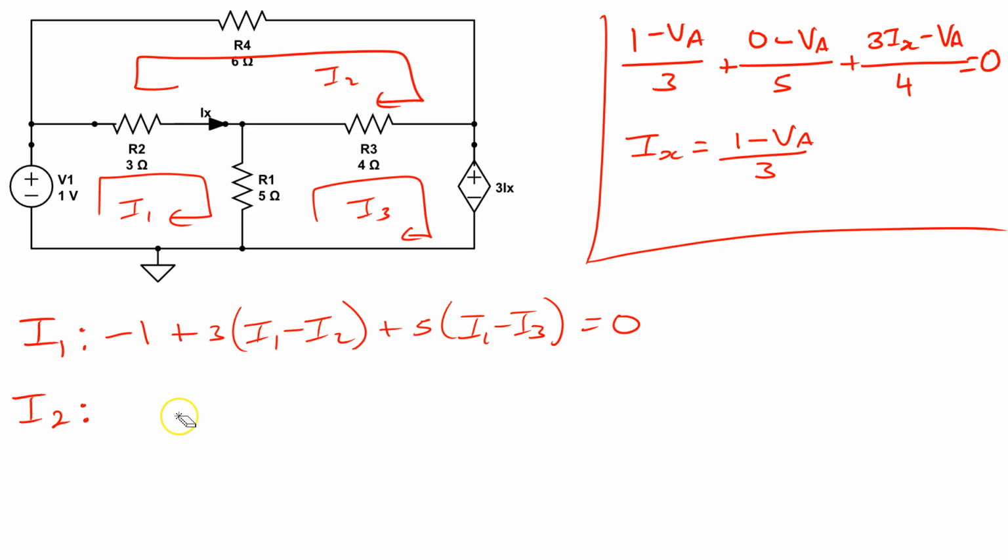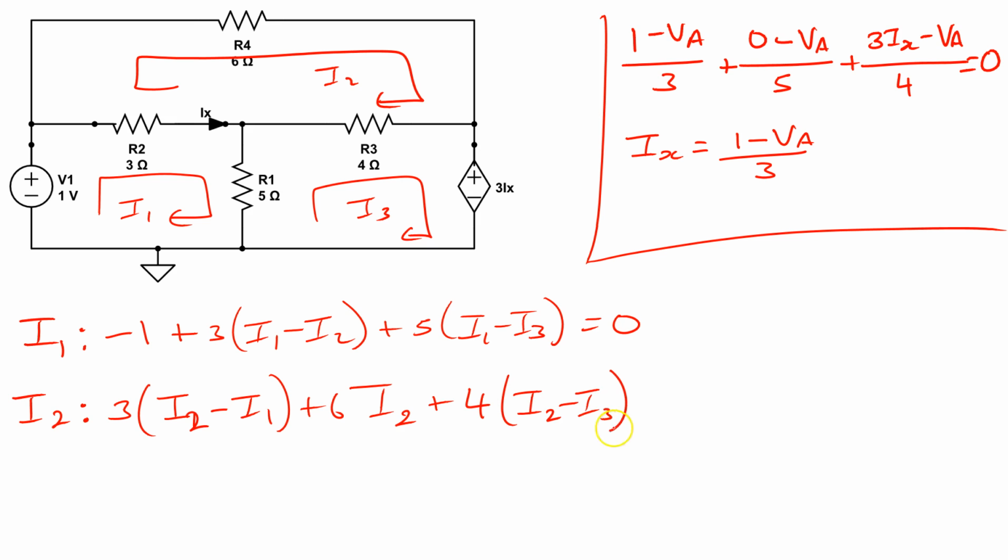For the I2 loop, I have 3 I2 minus I1 plus 6 I2 plus 4 I2 minus I3, and that is equal to 0.